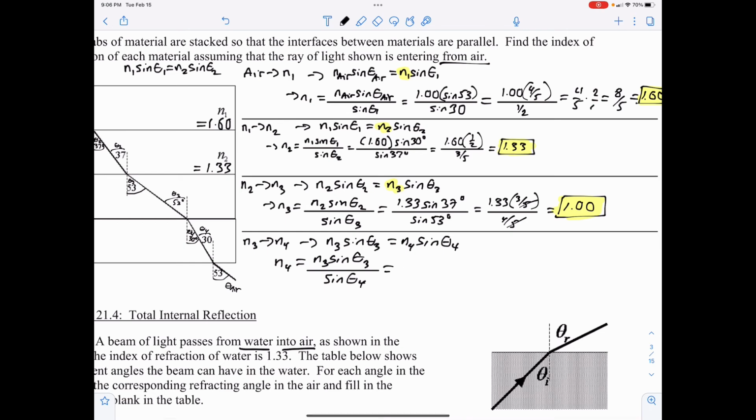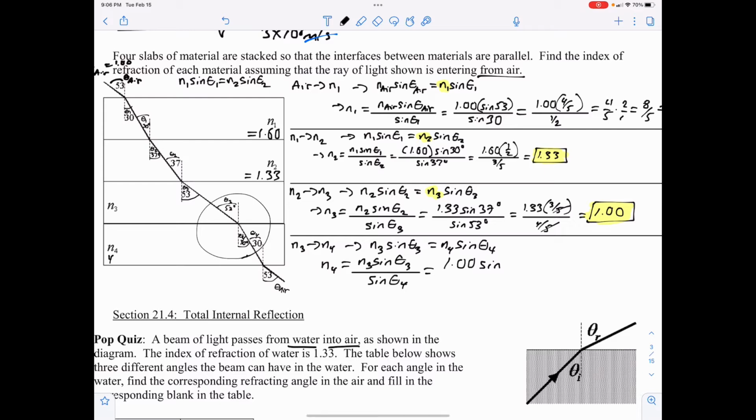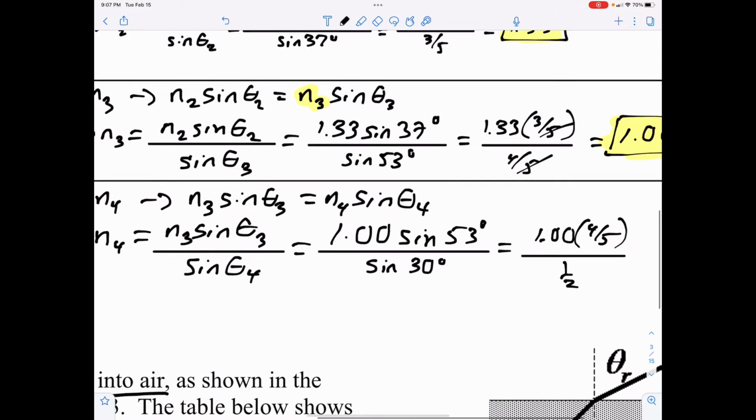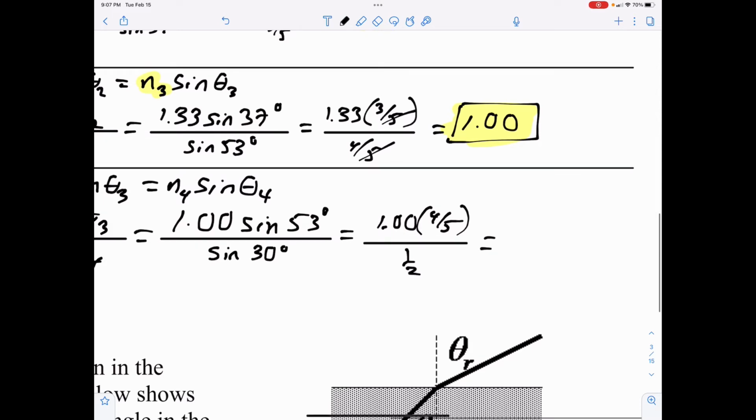So my value for N3 was 1 times the sine, and you're going here from 53 to 30 degrees. So sine of 53 degrees over the sine of 30 degrees, which would be 1 times 4/5 over 1/2. Which is again 4/5 times 2 over 1, which is again 8/5, which is again 1.6.